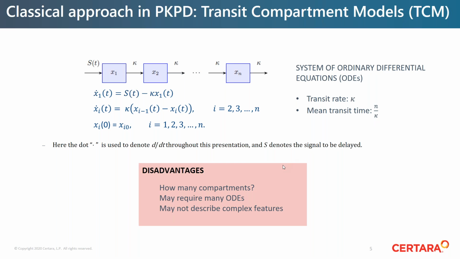The transit compartment model can capture a variety of data very well. However, the obvious disadvantage of this approach is that one has to manually find a proper value for the number of compartments. It may also require many ODEs to fit the data, and it may not adequately describe some complex features.